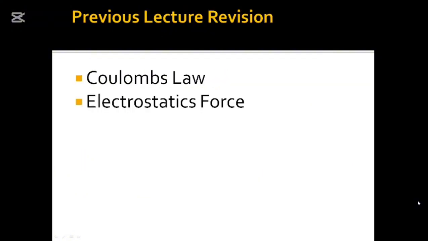But before then, let's take a proper revision of our previous lecture. In our previous lecture, we discussed Coulomb's law, if you can remember, and electrostatic force.